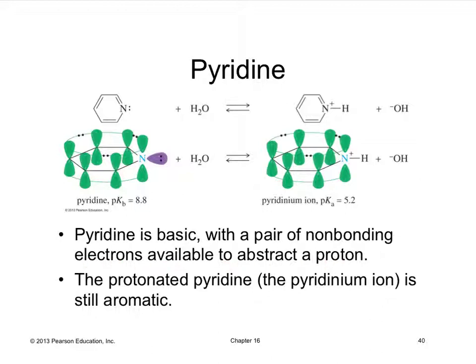So in this case, you have water, and it'll abstract the hydrogen from water, generating the protonated pyridine, or the pyridinium ion, shown here, and it's still aromatic. Again, because the pi electron system is still there.